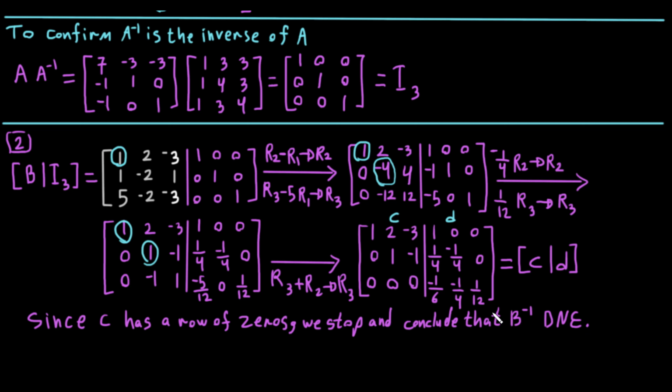So we conclude that B inverse does not exist.